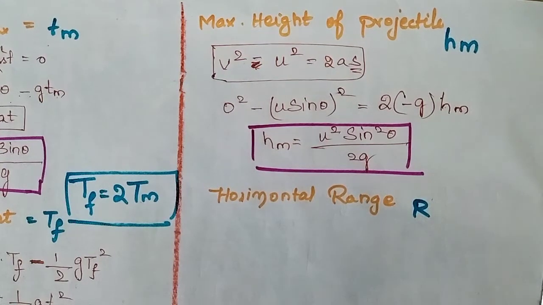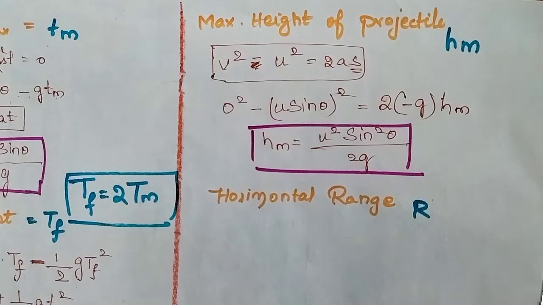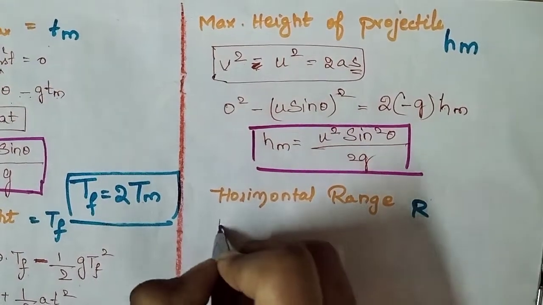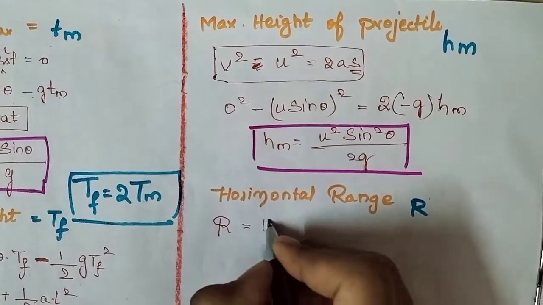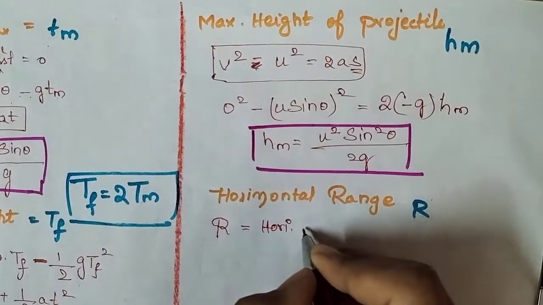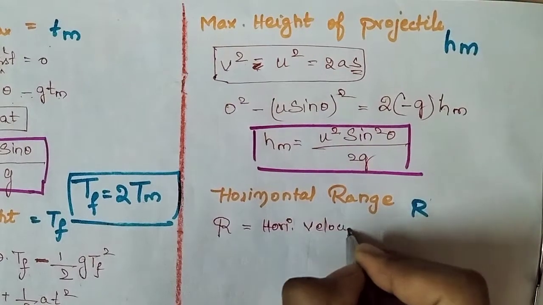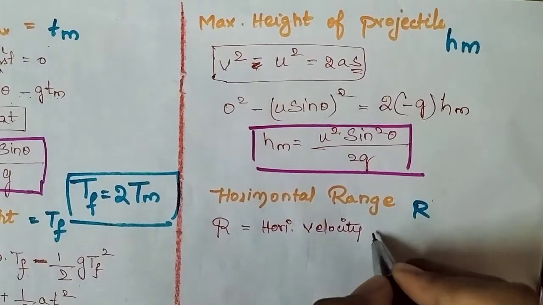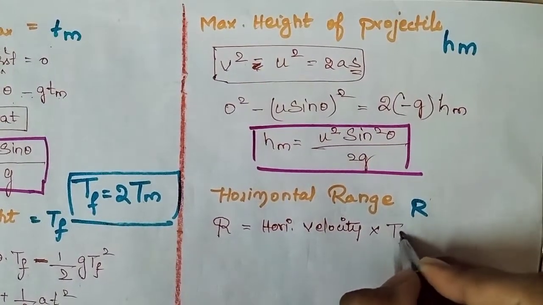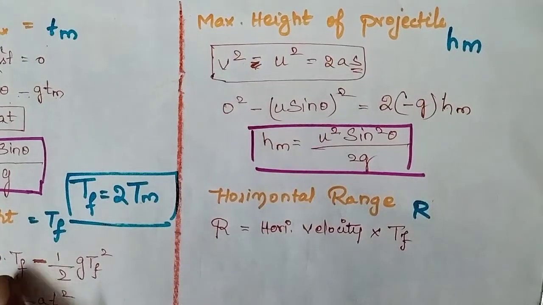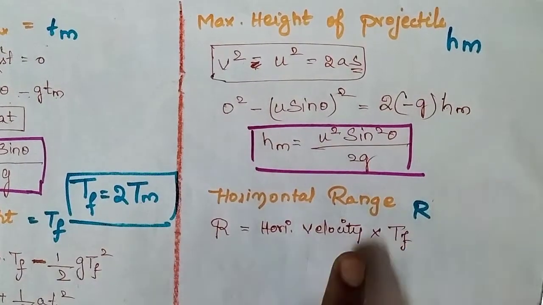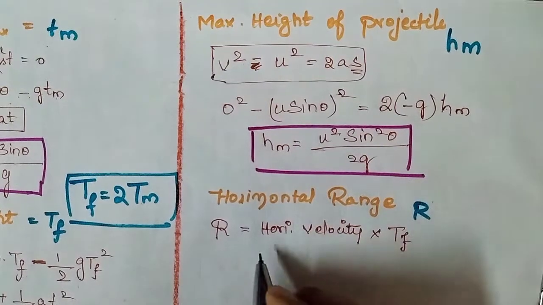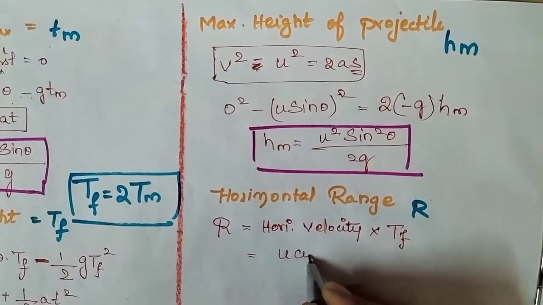So, horizontal range will be horizontal velocity into time of flight. Clear? Horizontal range R will be horizontal velocity into time of flight, Tf. So, horizontal velocity is u cos theta.